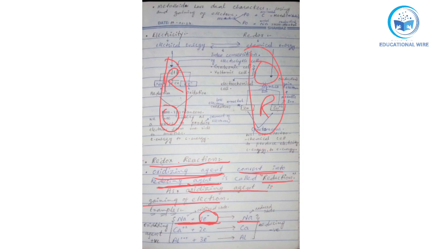When you gain an electron, you already have a positive charge, you gain one electron, and you will be in the reduced state.